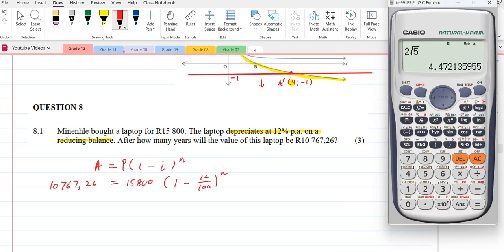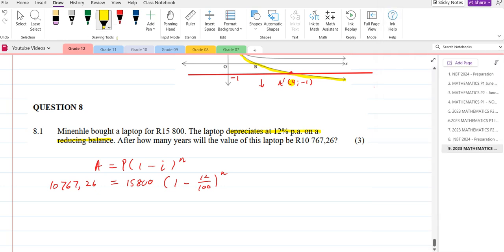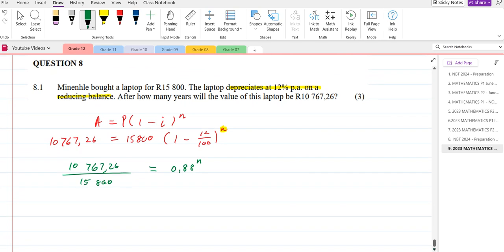Right, so in order to solve for n, we're going to divide both sides by 15,800, and then because we are solving for an exponent, we're going to use logs. So we're going to take 10,767.26 divided by 15,800 is equal to 1 minus 12%, which is 0.88, to the power n. So how are we going to solve this?